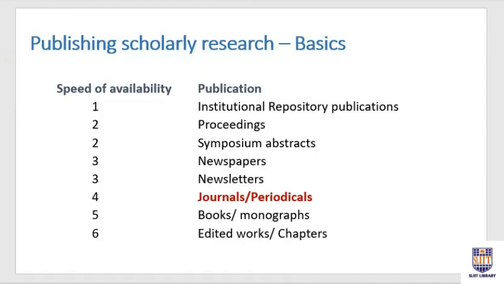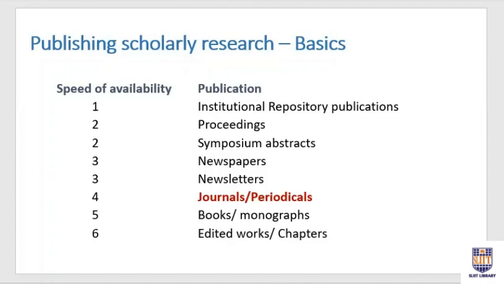Then number 2 is proceedings and symposium abstracts. That also has high speed, because as and when conferences are going on, you can present in the conferences and discuss in symposiums. The proceedings publish full papers, and symposiums publish the abstracts. So you can have a speedy publication of your research through this as well.